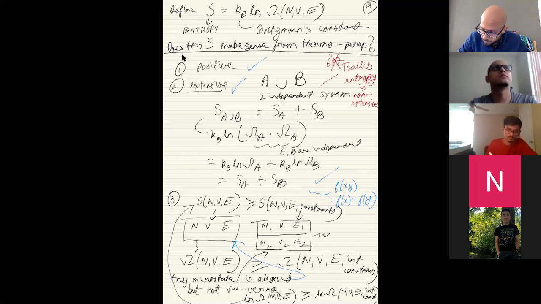So that's our connection of the microcanonical ensemble with thermodynamics: the microcanonical partition function, once you take its log, is proportional to the entropy. KB is this proportionality constant.